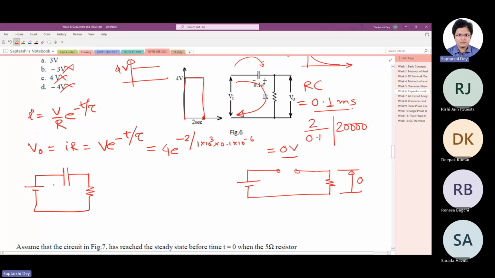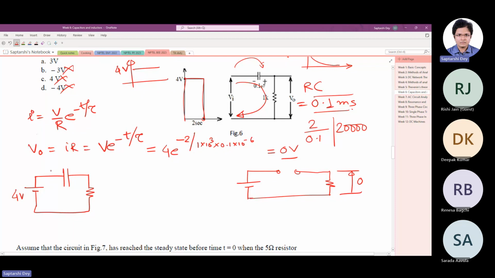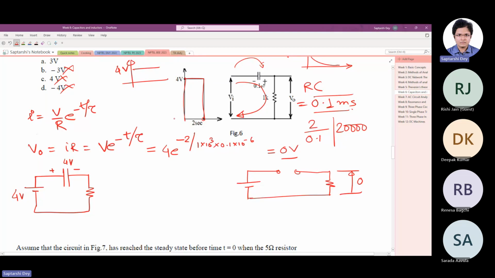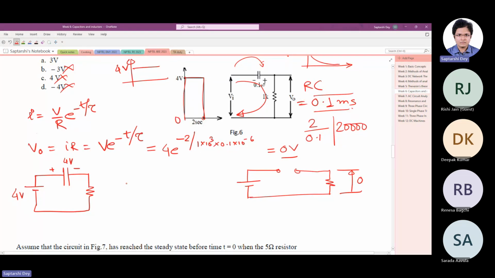Now this circuit, before 2 seconds, for sure goes to steady state, because it has only 0.1 millisecond of time constant. So at steady state, if this is 4 volt, this is also 4 volt. Now they are saying that at 2 seconds the voltage is suddenly zero.